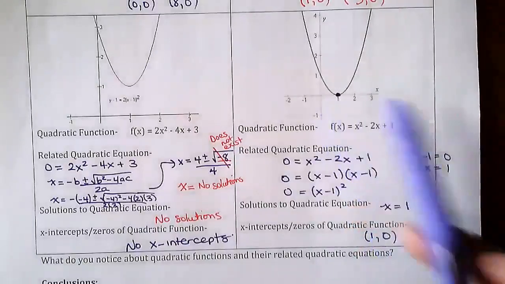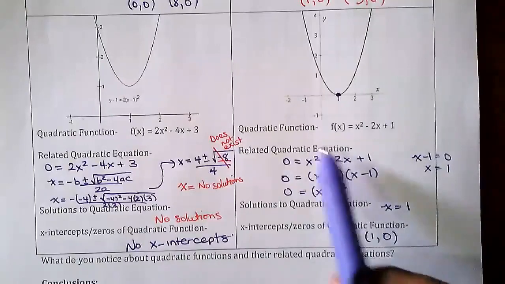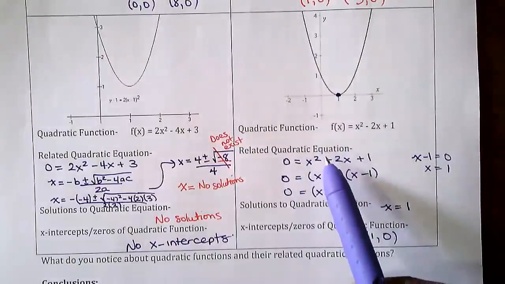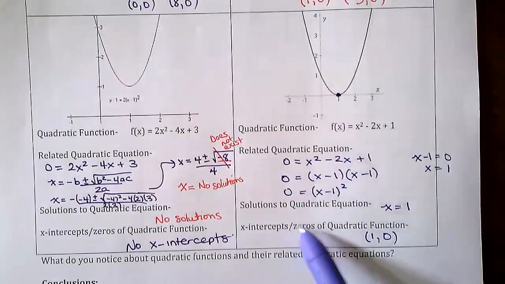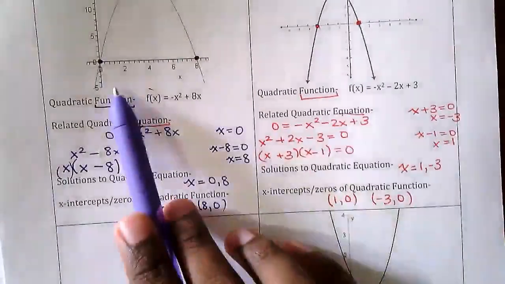If I take a look at the function's x-intercepts, it's (1, 0). Again, emphasizing that point that the solutions to the related quadratic equation are equivalent to the x-intercepts of the quadratic function. So going back here, there were 2 solutions and 2 x-intercepts.